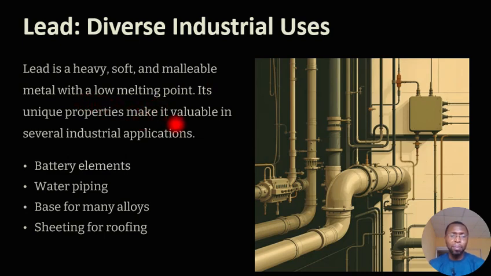Its unique properties make it valuable in several industrial applications. So, because of its properties, it is used in making battery elements. Most of the batteries that we use are made up of lead. Okay, we also use it in water piping, as you can see here. Most of the pipes we have are made up of lead.